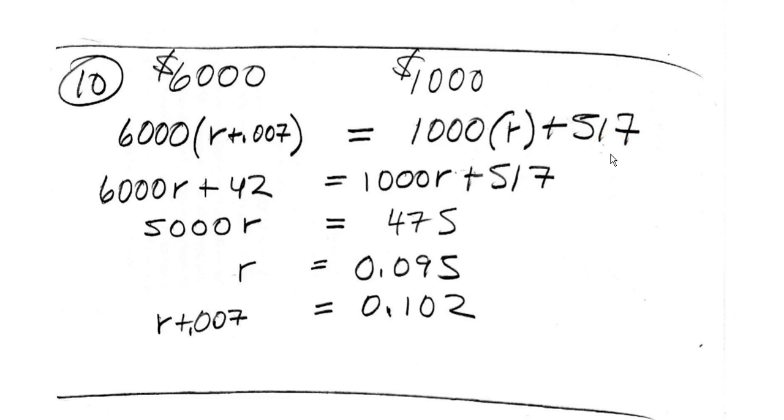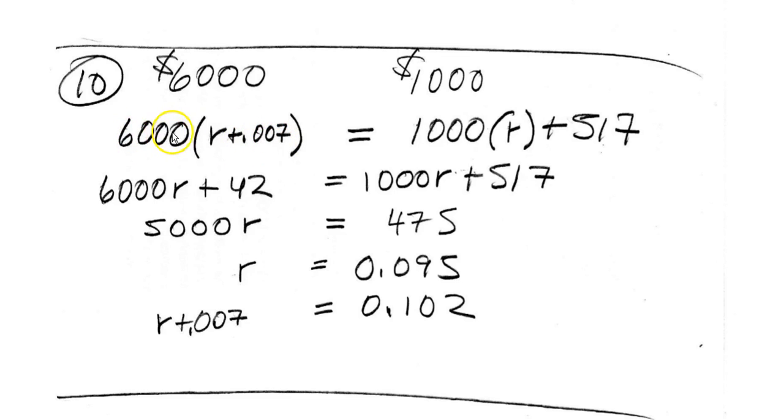Now, this one was the challenging one. There was one that was really challenging, and you have 2 investments. You'd have to read the details of this, but 2 investments, one at a particular rate, the other at that same rate, but this much more.